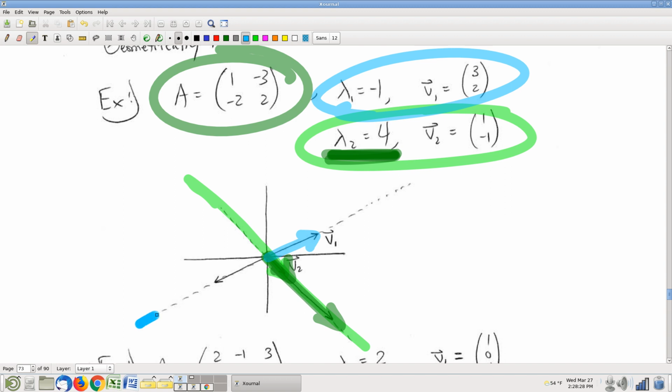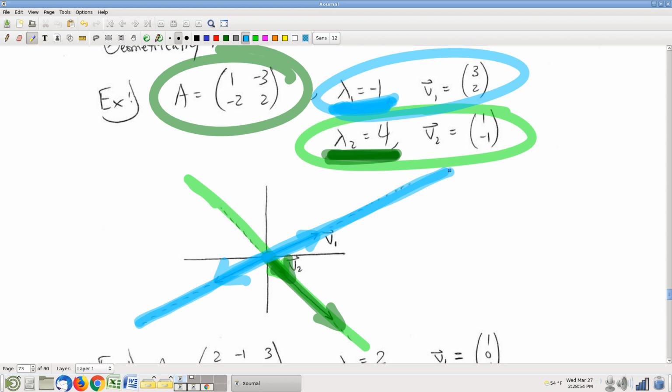Well, of course, it's also all multiples of that vector, also still eigenvectors. And what does the matrix do on that blue line? Well, every vector on that blue line gets multiplied by its eigenvalue of -1. So everything on this blue line just flips over. Gets multiplied by -1, in other words. And again, it remains the case that this blue line is preserved.